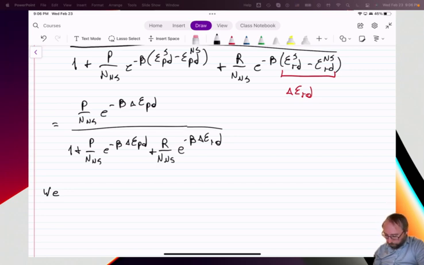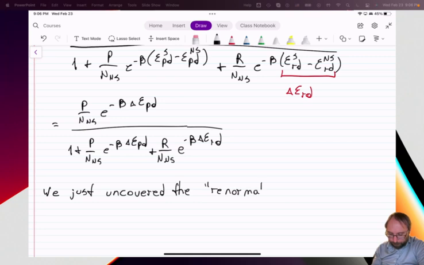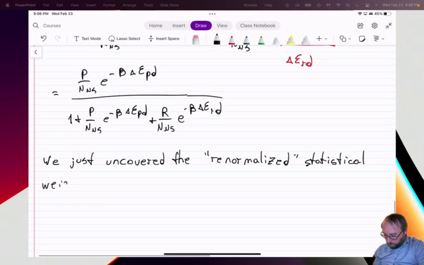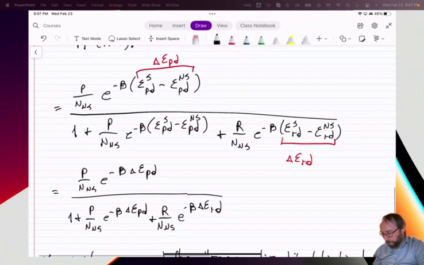So what I mean by this, we just uncovered the renormalized statistical weights. What do I mean by this?